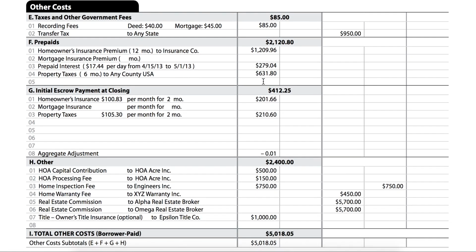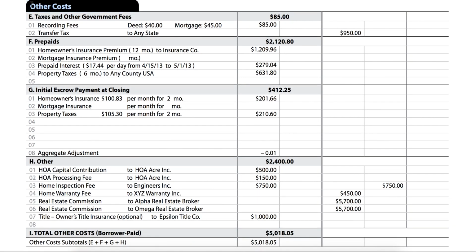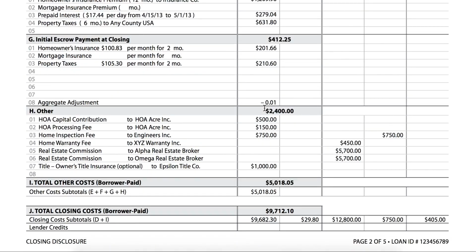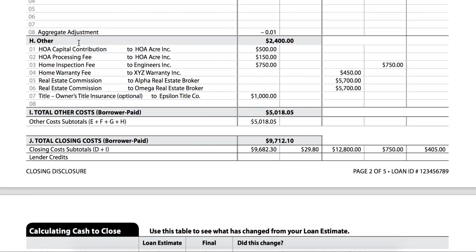Then you go down into the other costs. This is going to be all of the recordation fees, any transfer taxes, any prepaids, which are setting up the homeowner's insurance escrow, the property tax escrow. And then you get into other.